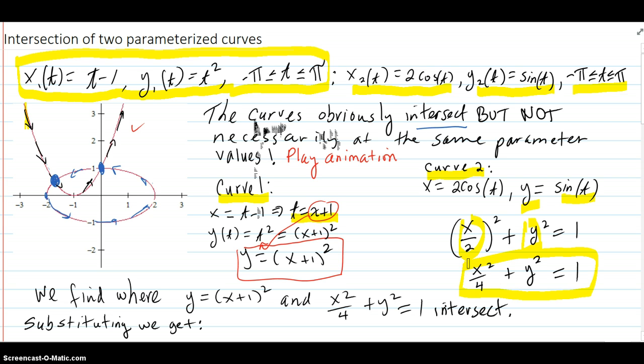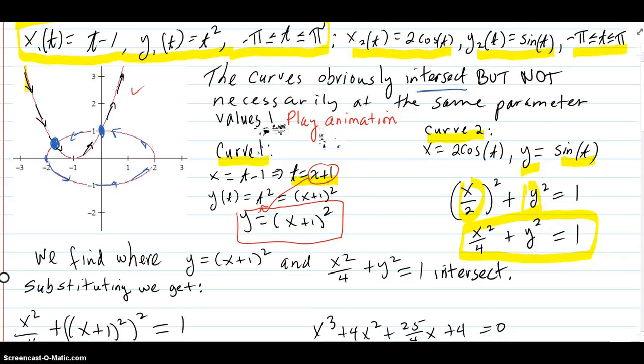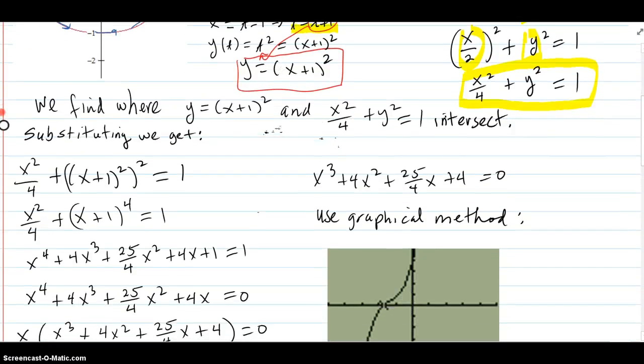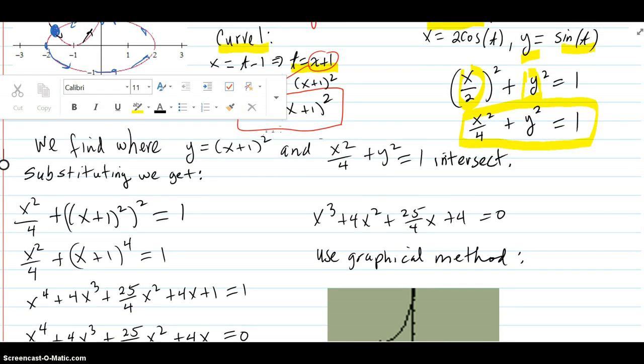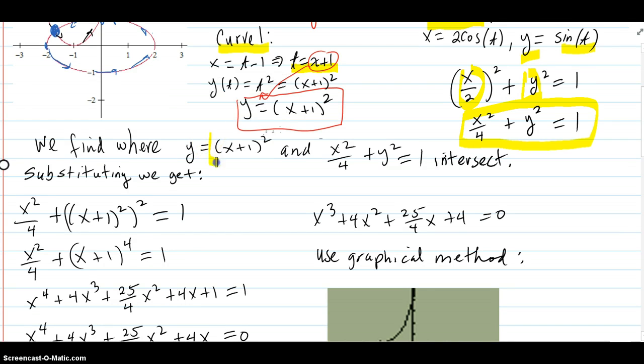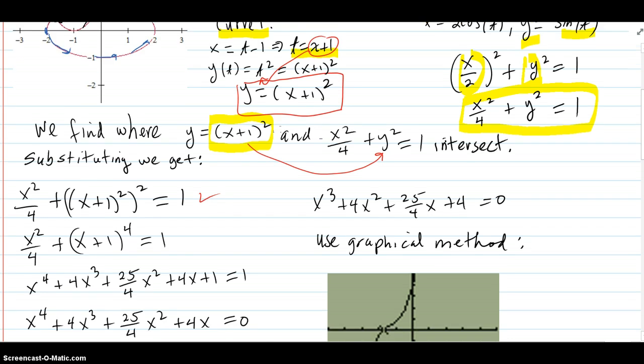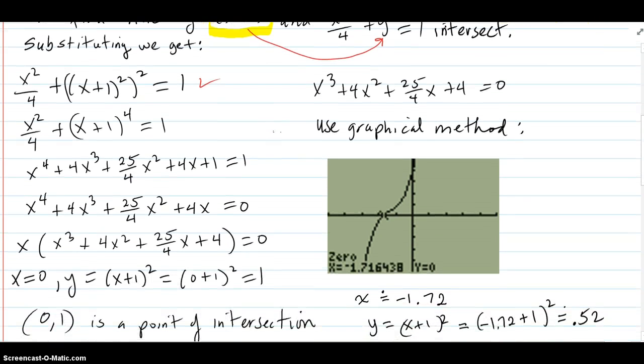So we just want to find out where those curves intersect. So what I did was I took this expression for y and substituted into the y in the other equation, and I get this. Did some algebra, cleaned it up, factored out an x.